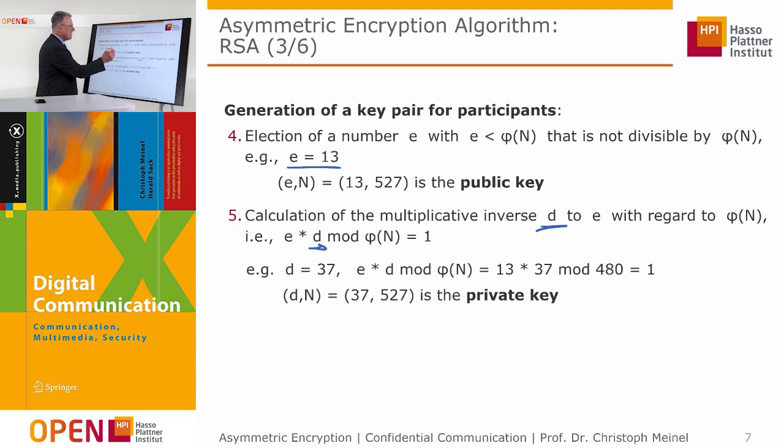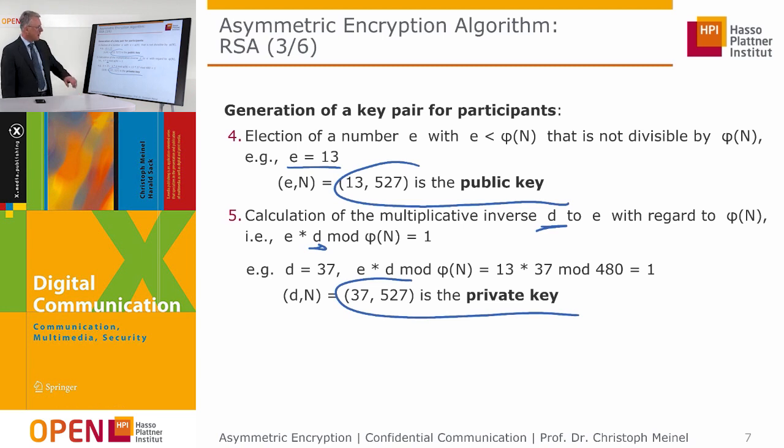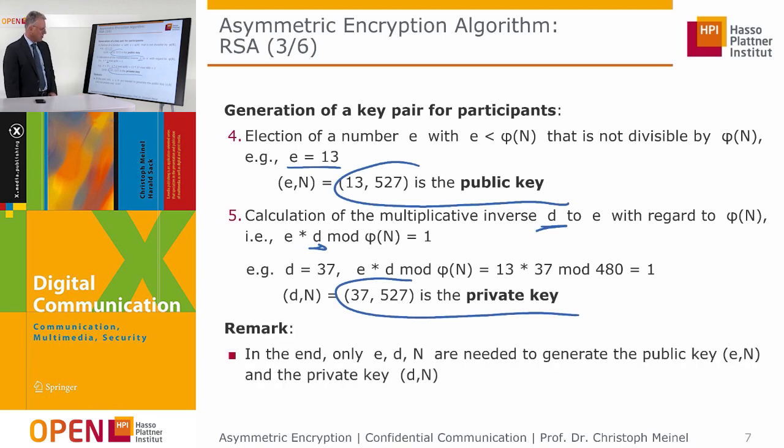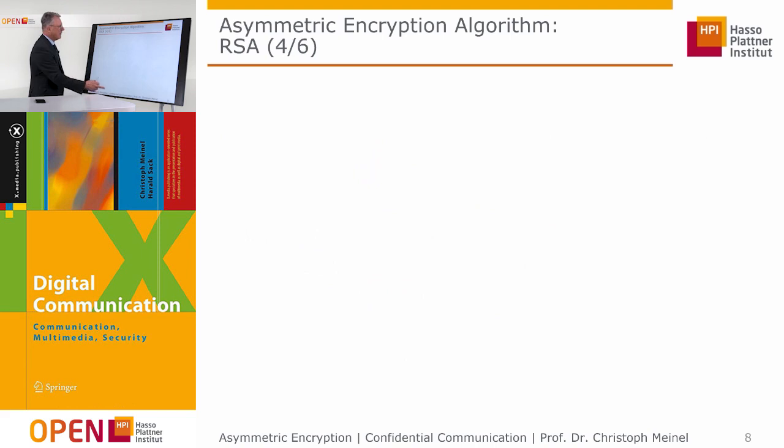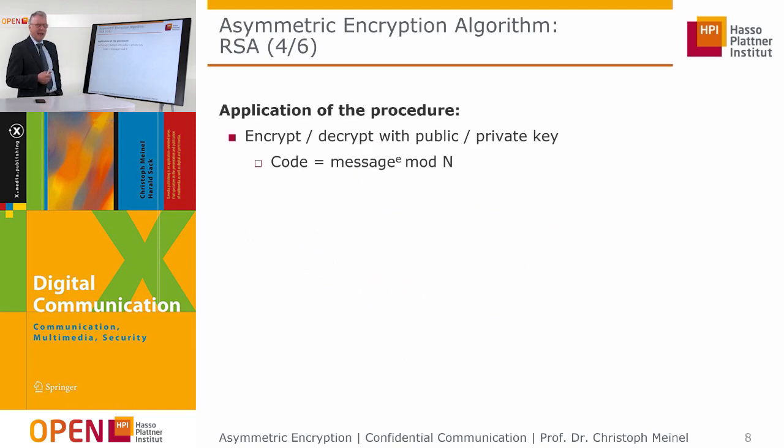So this is the public key, and this is the private key of the participant of our communication. So in the end, only e, d, and n are needed to generate the public key (e, n) and the private key (d, n).